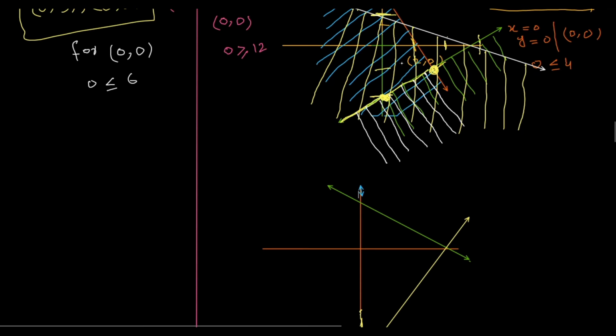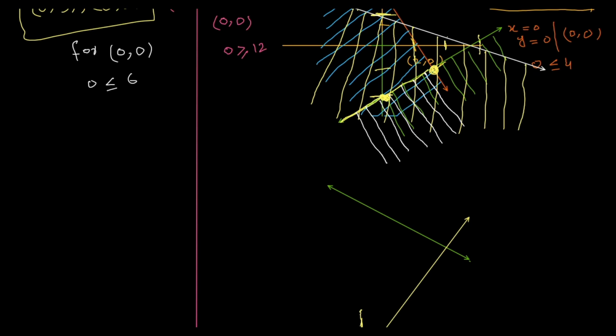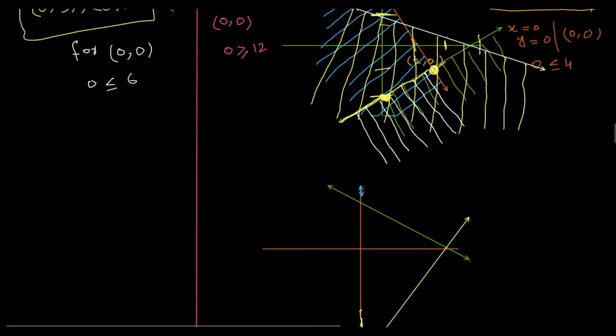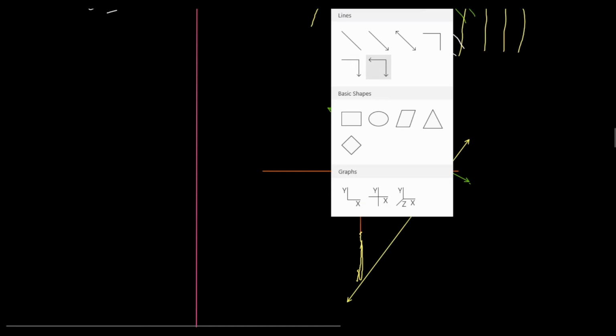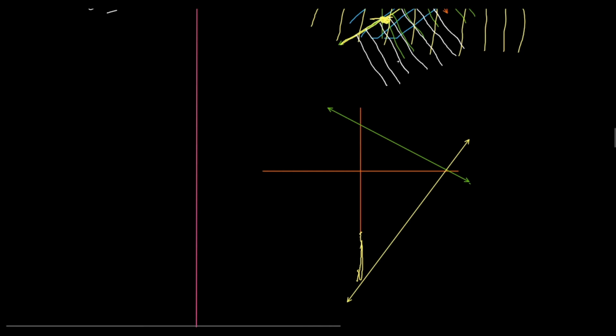We will undo it. So once again, if I draw the line, our line will pass through just like this.